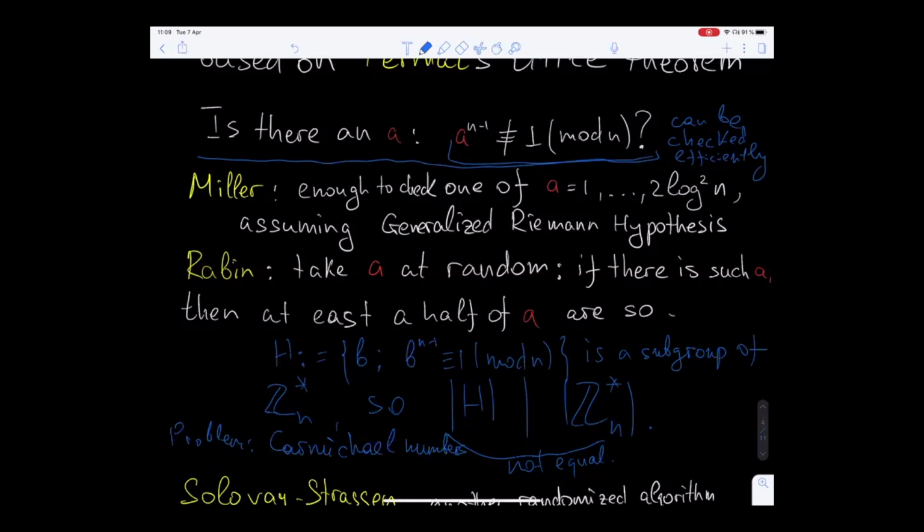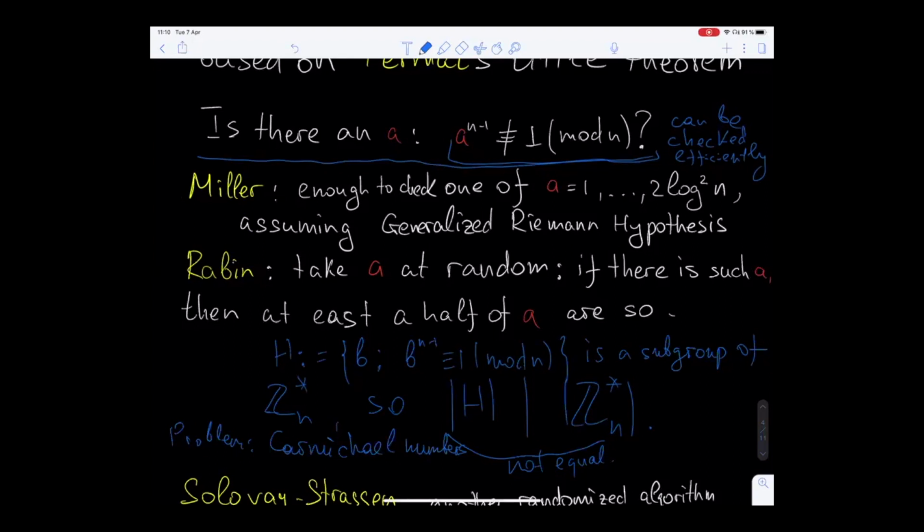But essentially, the algorithm of Miller and Rabin exploits not Fermat's little theorem, but some very closely related property, based on possible roots of x squared equals 1, and also checks similar things. So essentially this is what happens, just for a slightly different property.